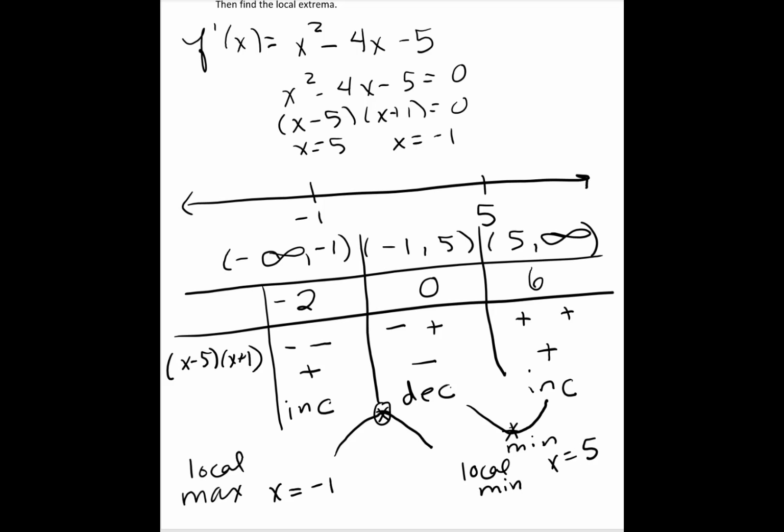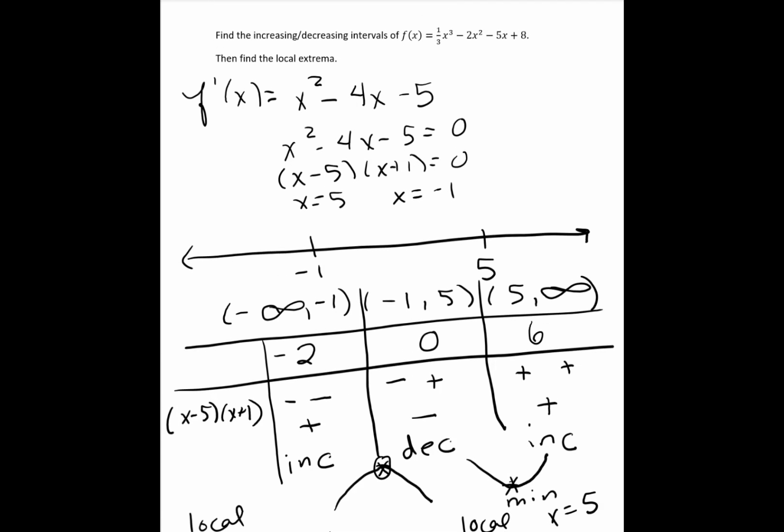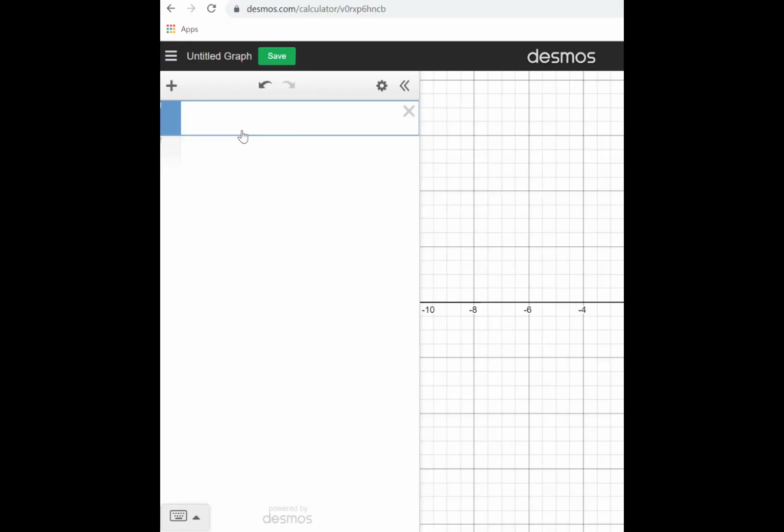If the question asks you what the max is, what the min is, or if it asks for a point, then you need to plug this back in, plug in the negative 1, plug in the 5, but plug it into the original function. Don't plug it into the derivative. So let's quickly look at that. So if I had to do that, I would use Desmos or a graphing calculator, and I would plug in f of x is equal to 1/3 of x cubed minus 2x squared minus 5x plus 8.